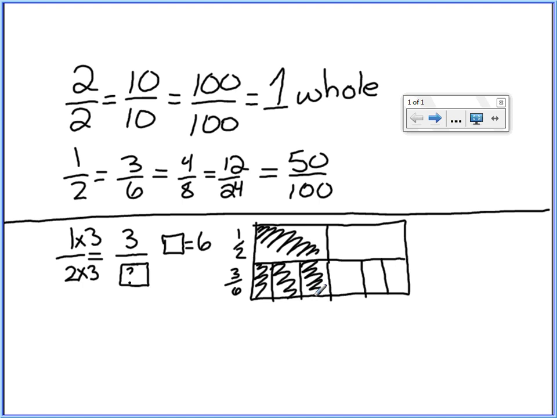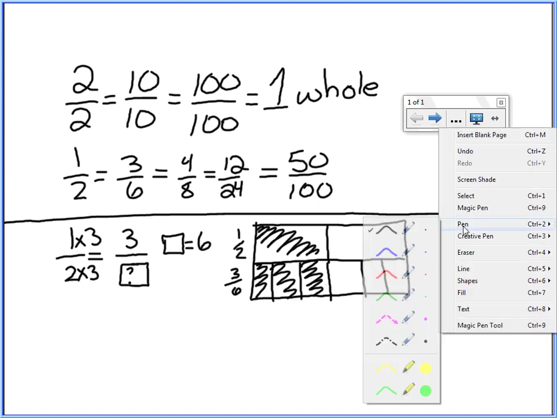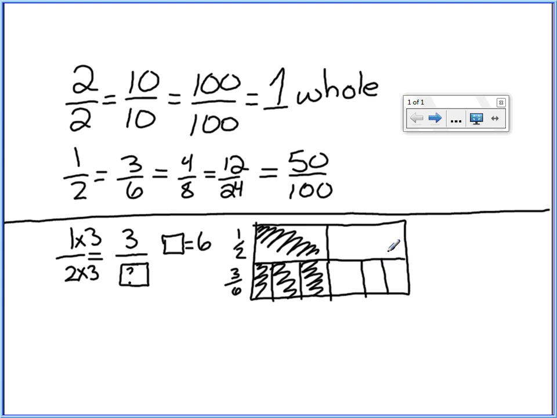If I notice here, the bars line up for 1/2 and 3/6. They share the same amount of space. The bars are the same length, but they're just different ways of saying it.